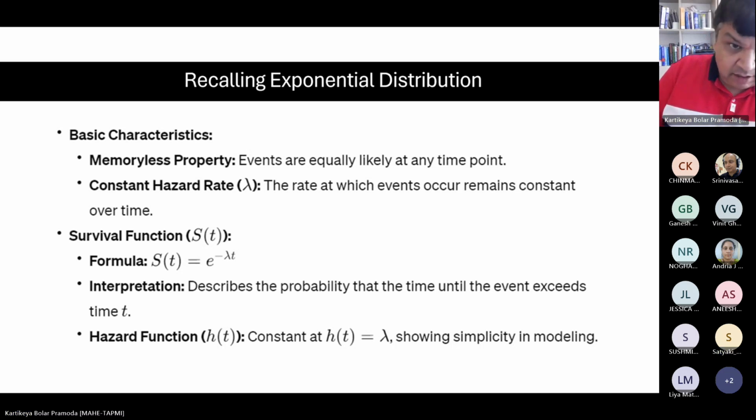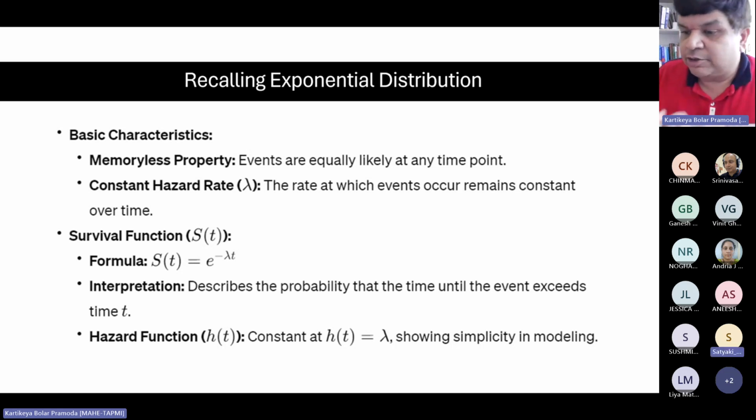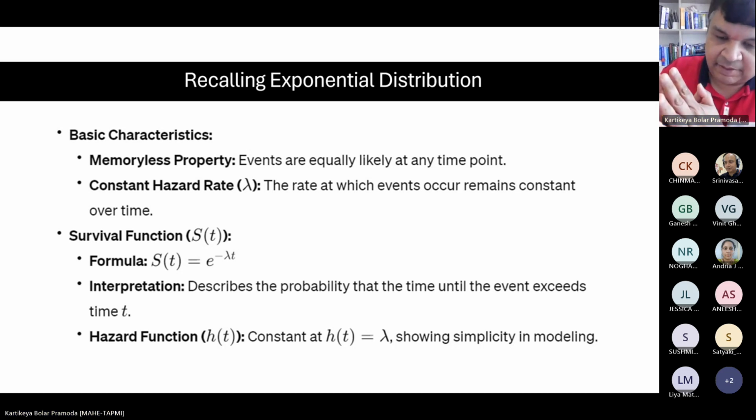Taking cue from this, exponential distribution takes into consideration that no other thing affects the decline. We only understand it as a function of time.